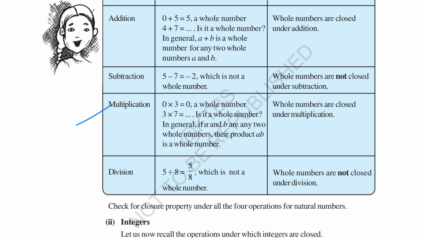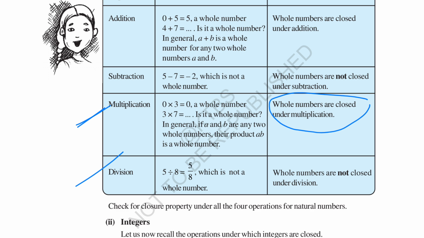Next, we can see multiplication. If we multiply any two whole numbers, is the result again a whole number or not? Yes, whole numbers are closed under multiplication because if you multiply any two whole numbers, the result is again a whole number. That's why it is satisfied. Next, division.